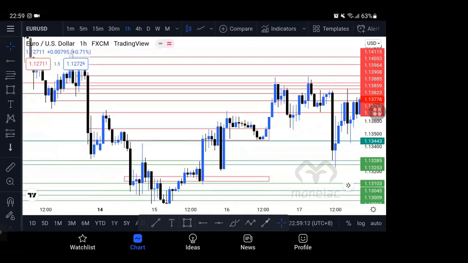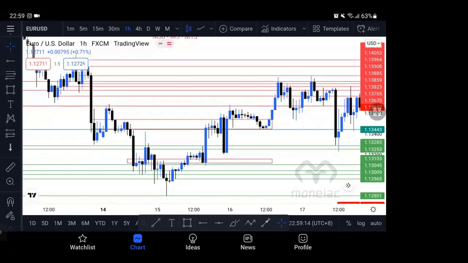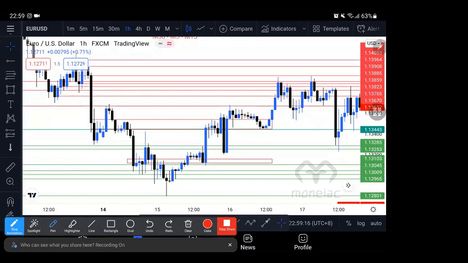Okay, so if we already, let's say, we catch our entry over here, re-entry, then there is a new breakout over here, and then we find another re-entry.